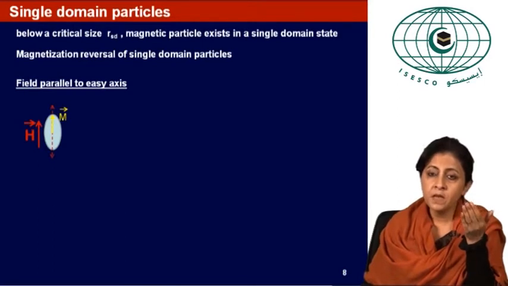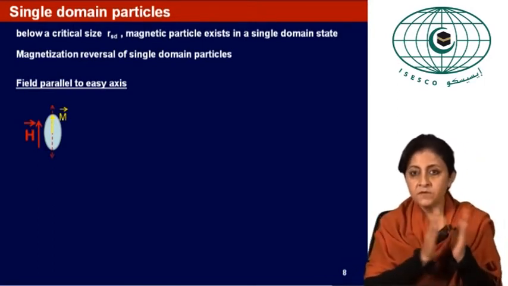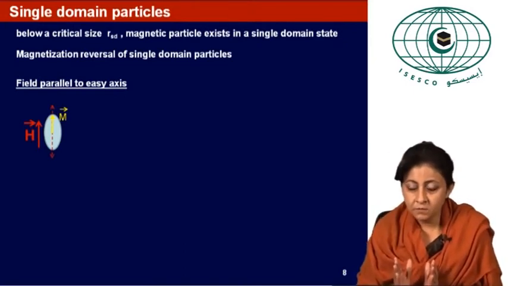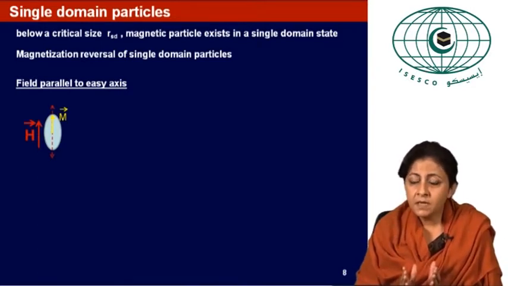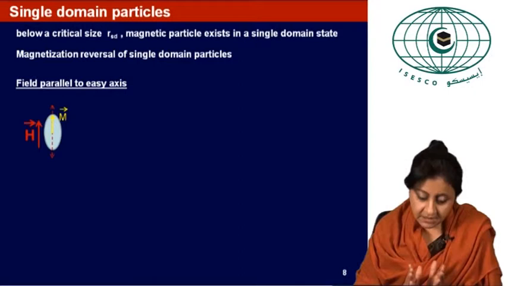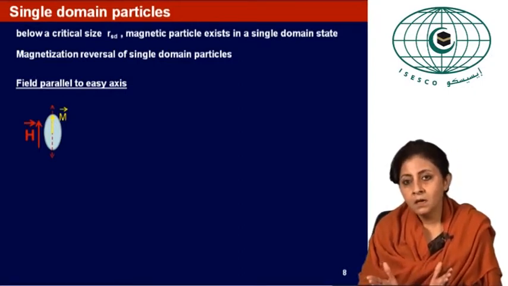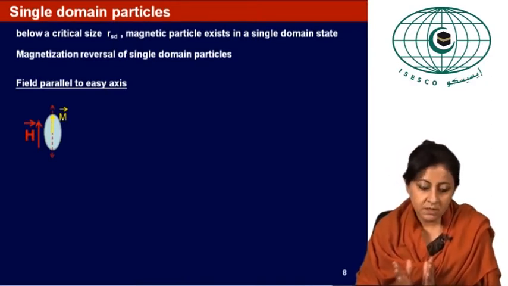Because as I told you, there is a coupling energy which couples the applied field to the magnetization. That was EH, which was the first term in our energy equation. And there is a coupling energy which pins the magnetization to certain crystallographic directions, which is the anisotropy energy. So it's basically a competition between these two energies.